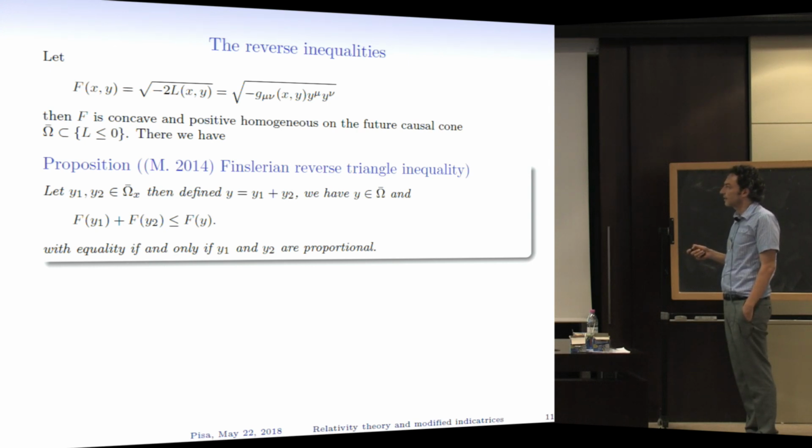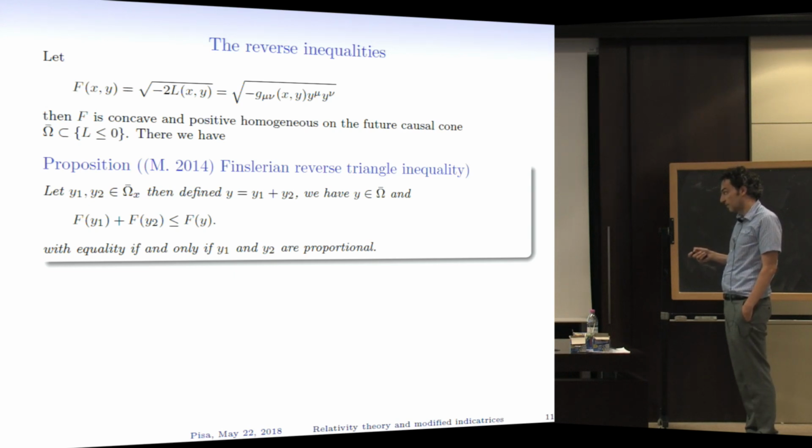Now, if you define, as usual, this function f in this form, in the Finsler case, then f is concave and positive homogeneous on the future causal cone. And on this future causal cone, we have a generalization to Finsler of the so-called reverse triangle inequality of Lorentzian geometry, which states this fact.